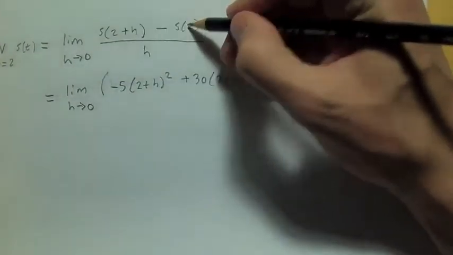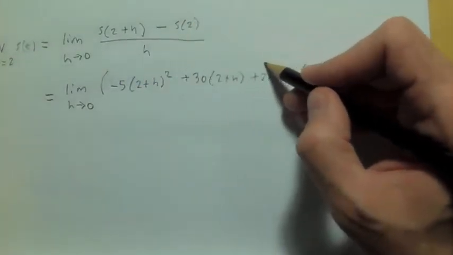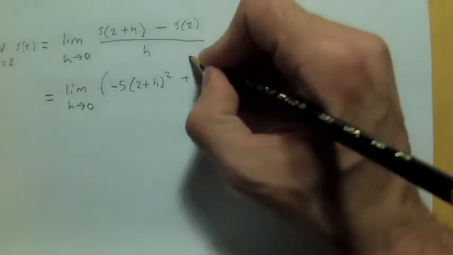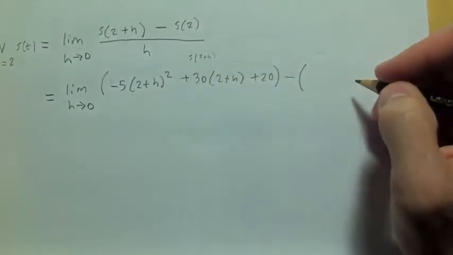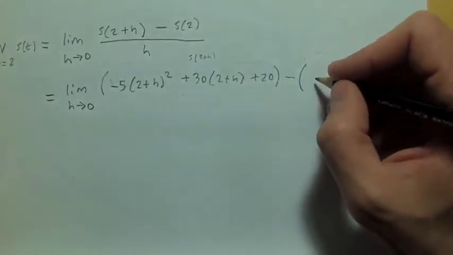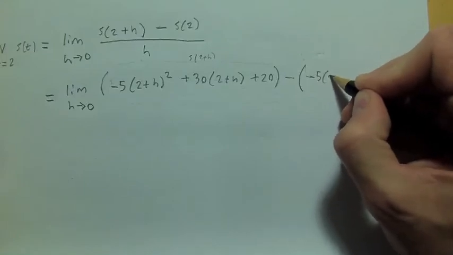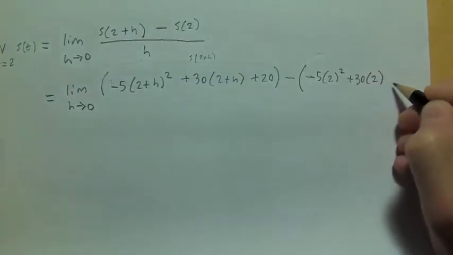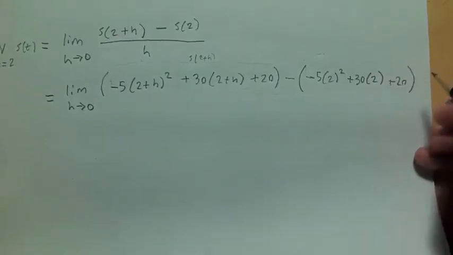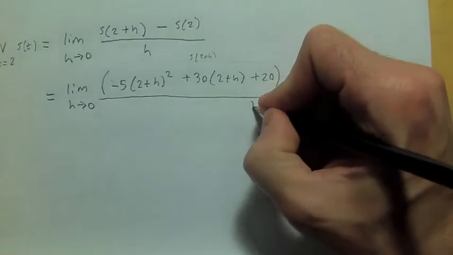Minus s of 2. So here, let me say that this is s of 2 plus h up here, just as a little sidebar note. And this is going to be s of 2, so it'll be negative 5 times 2 squared plus 30 times 2 plus 20, all over h.